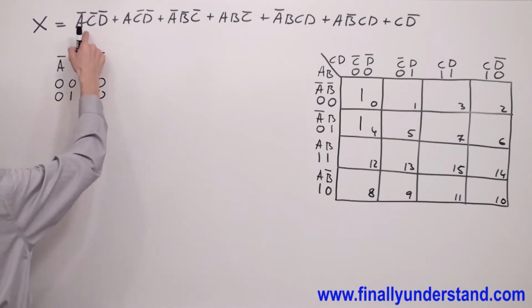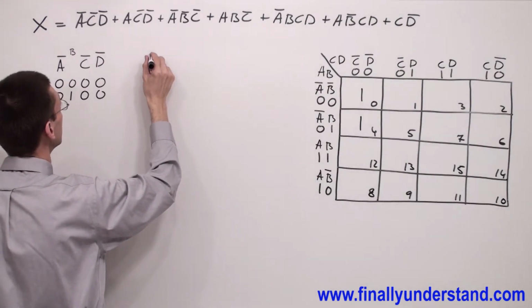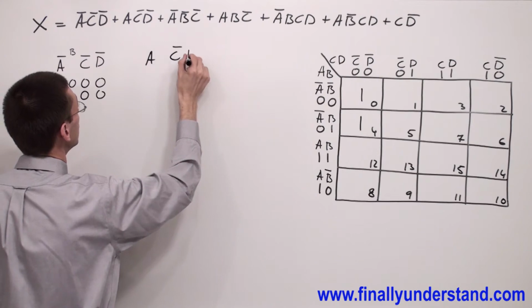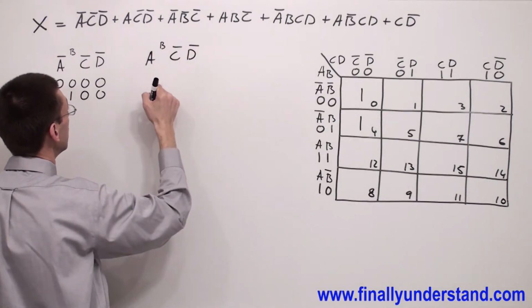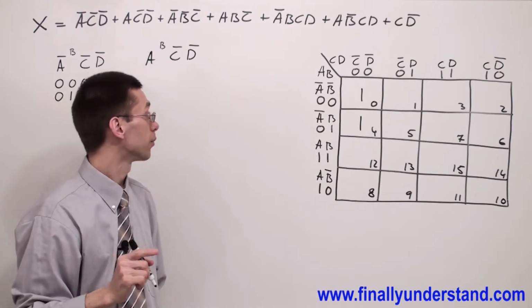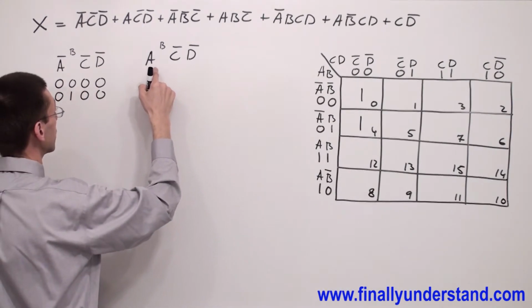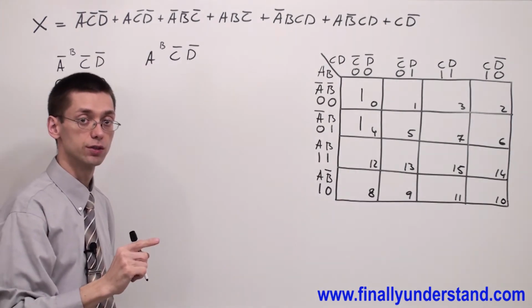I'm finished with this term. Let's take a look at this one. I have A, C naught, D naught. Again, I'm missing B. If I'm missing just one variable, it means I'm going to have just 2 numbers, because one variable can represent just 2 combinations.